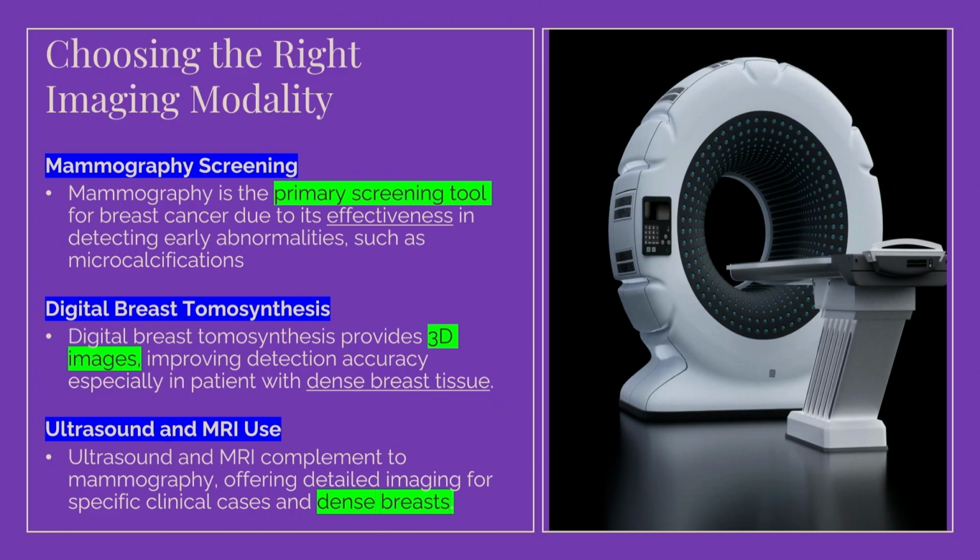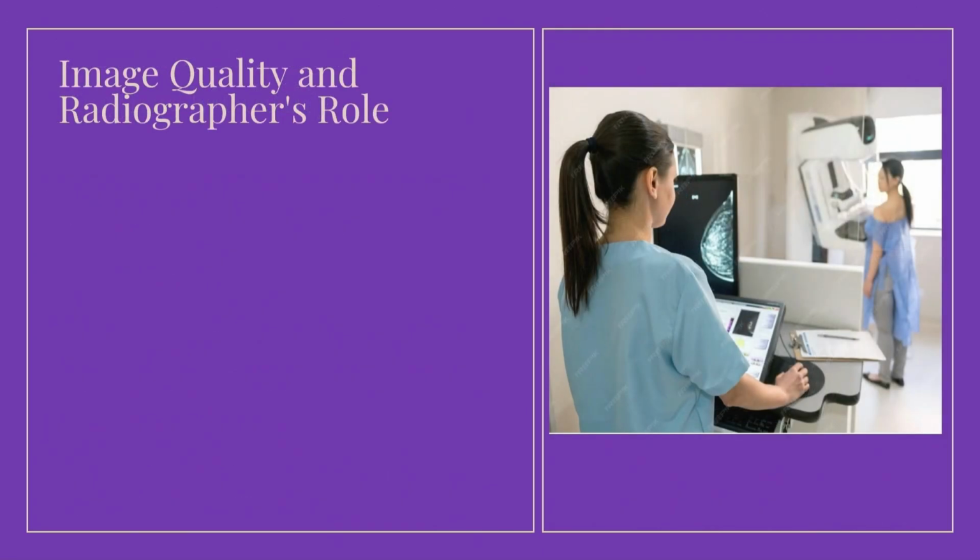I think you all know dense breast is actually a challenging task for radiologists looking at the mammography to interpret the image, because the dense part of the breast can obscure the lesions. And if the breast is very dense, we may use ultrasound and MRI to support radiologists to make better decisions.